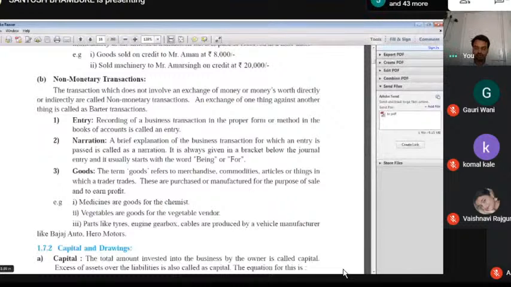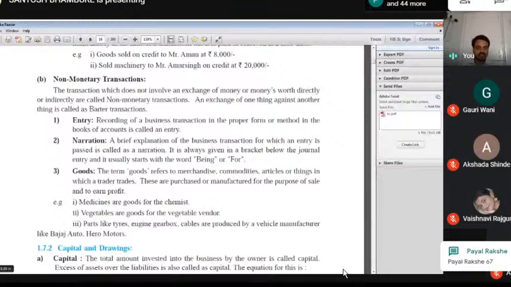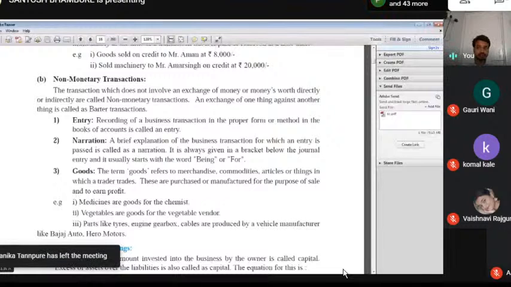Okay. Who is showing me that entry? Yes, Sakshi, please switch on your back camera. I want to check, is it right or wrong? Sakshi Bhor, have you completed your writing?